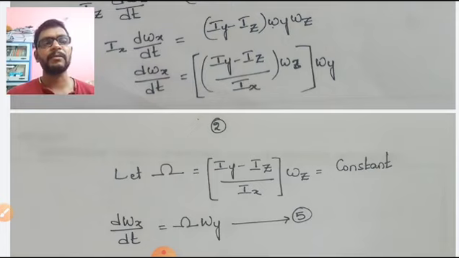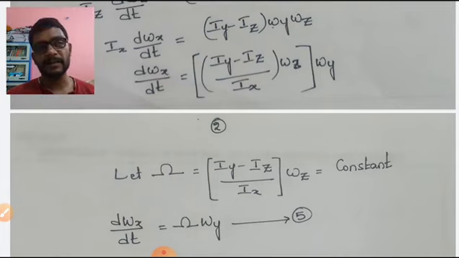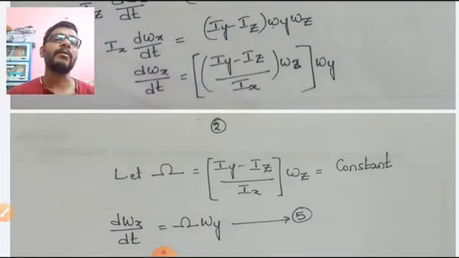Omega z is the angular velocity along the z axis, and that is constant, because the top is in the xy plane. That is why we take the z axis as constant.